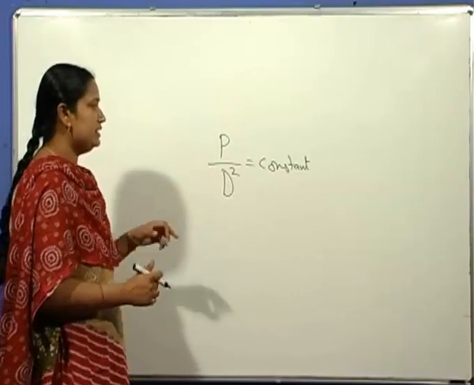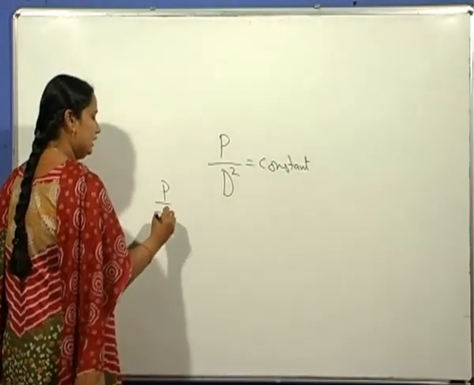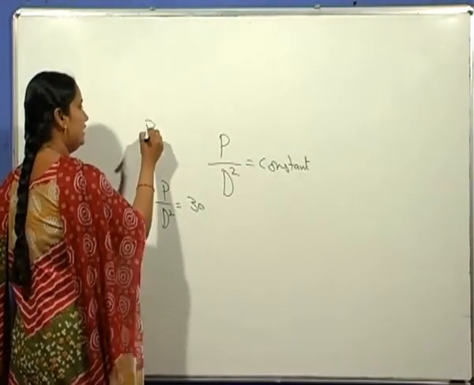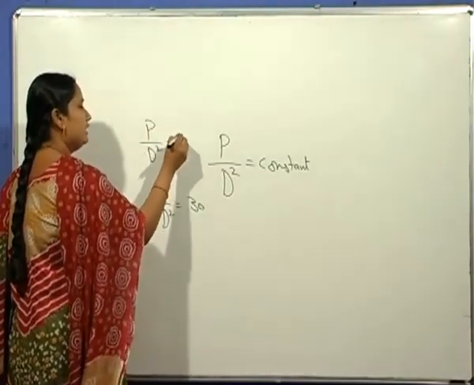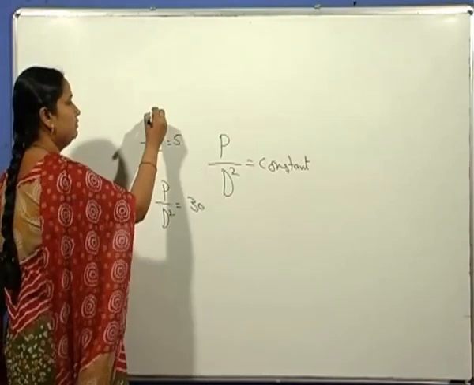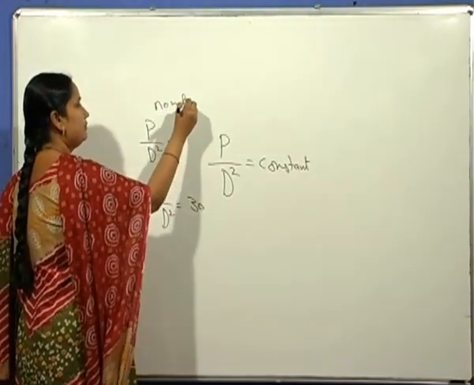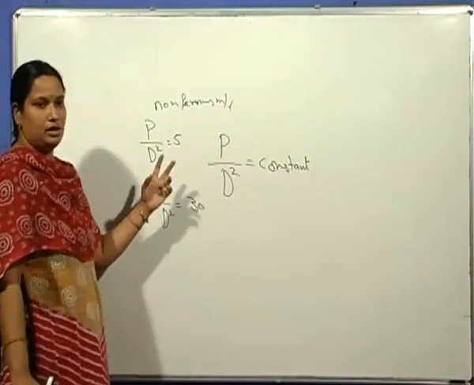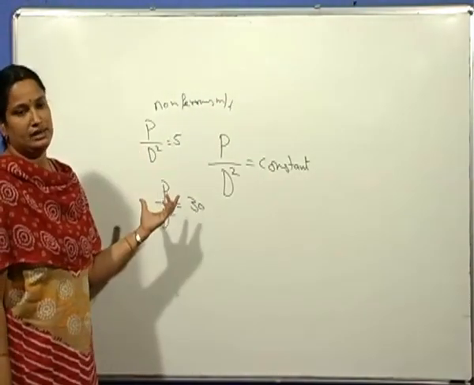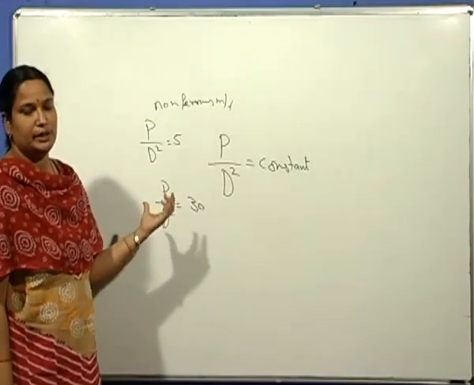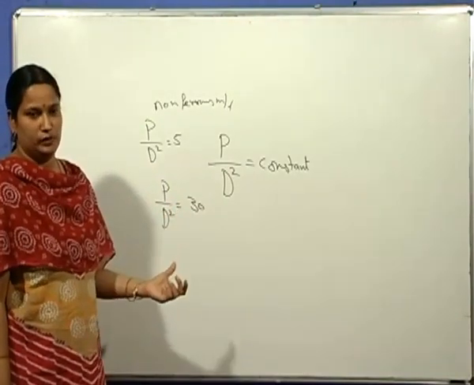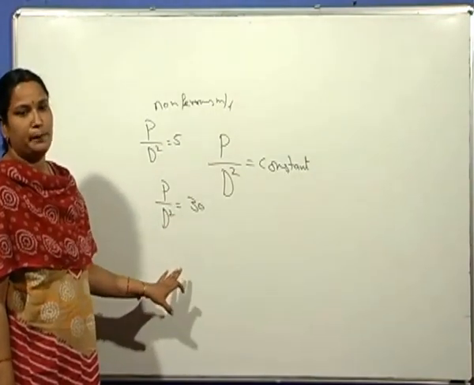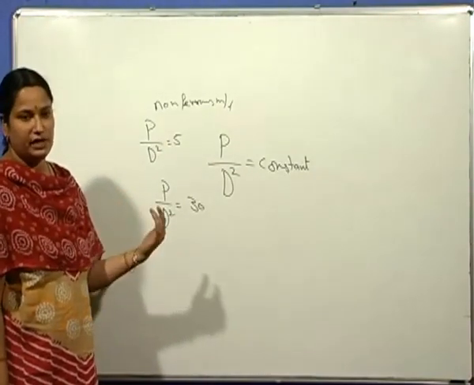So P by D square is equal to 30 for steels, and P by D square is equal to 5 for soft materials, that is, non-ferrous materials. Maintaining this ratio, one can obtain Brinell hardness values that do not vary with load. So this ratio has to be maintained in Brinell hardness, or else it will vary with load for the same material.